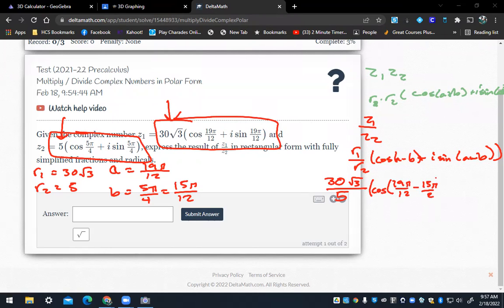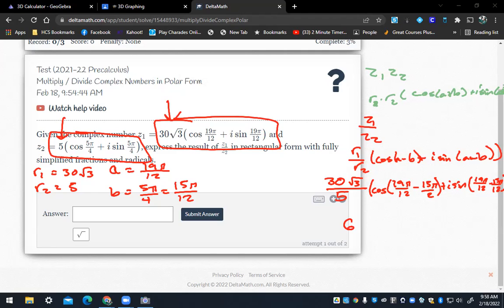Plus I sine, you get the idea. It's the exact same thing. Minus 15 pi over 12. Boom. Okay.